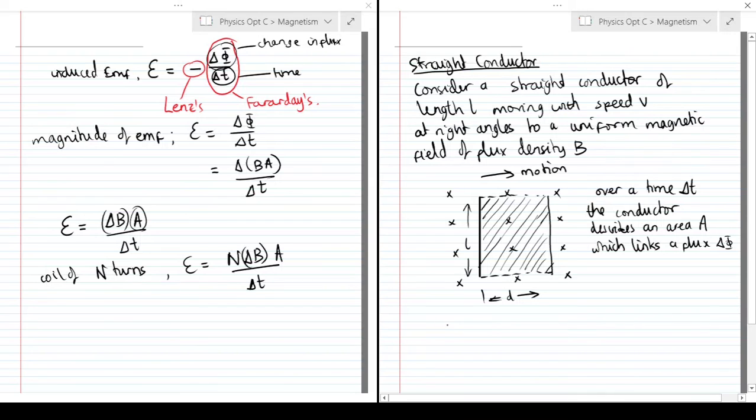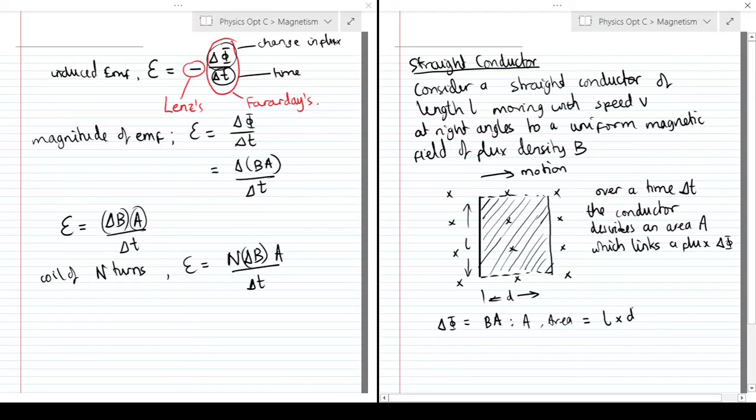So delta phi is of course B by A itself, right? The magnetic flux density by that imaginary area it would describe. Now the area itself is the length of the conductor multiplied by the distance D that it travels in the direction of the motion.